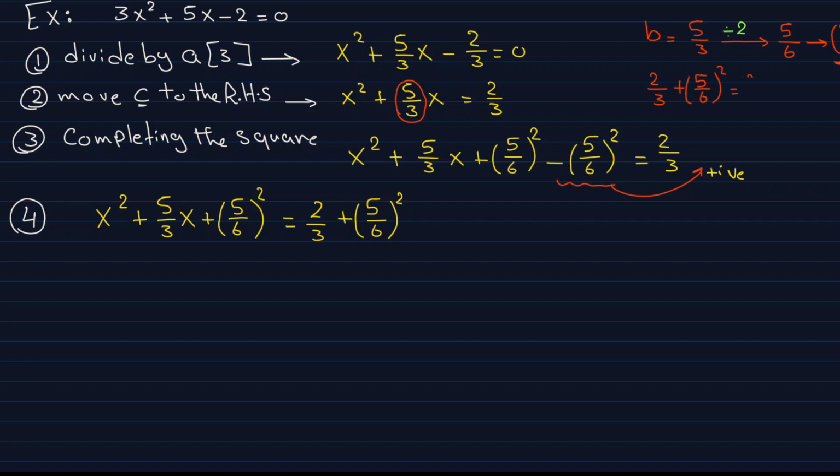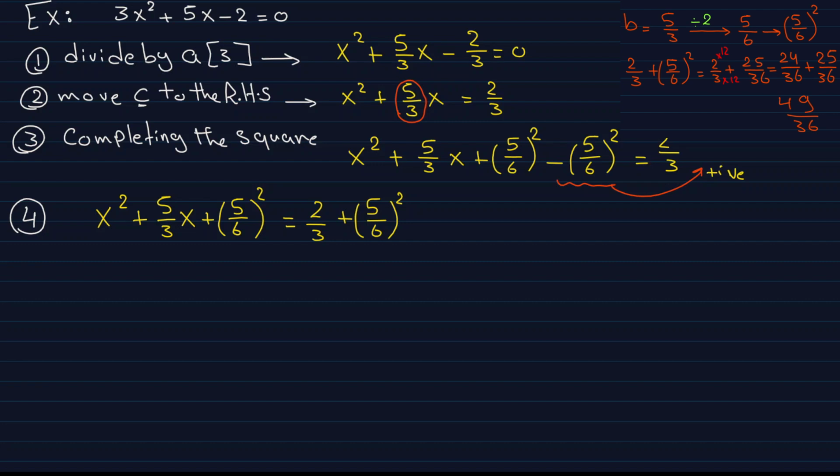It is equal to 2/3 + 25/36. Let's have a common denominator. We're gonna multiply the first fraction by 12 on top and bottom. Then we will get 24/36 + 25/36. Adding them both will give us 49/36.